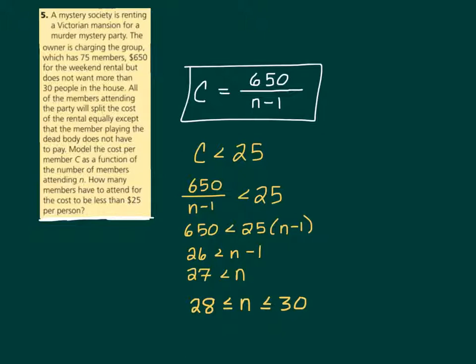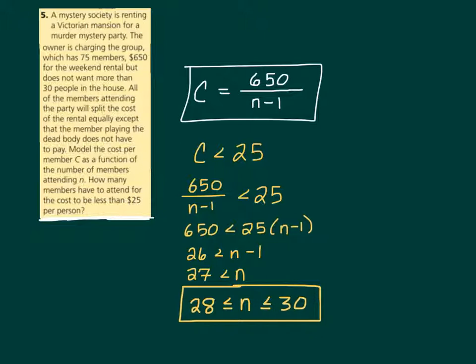Now this is an example, guys, of a word problem that I would classify as very difficult, even though if you look at what we did there, none of that math is very difficult. Figuring out cost per person, pretty straightforward. Probably the toughest part there is remembering that the dead body doesn't count. And then once you set this up, pretty easy to figure out from there. Again, at the end, you just have to remember in the problem, they tell you no more than 30.